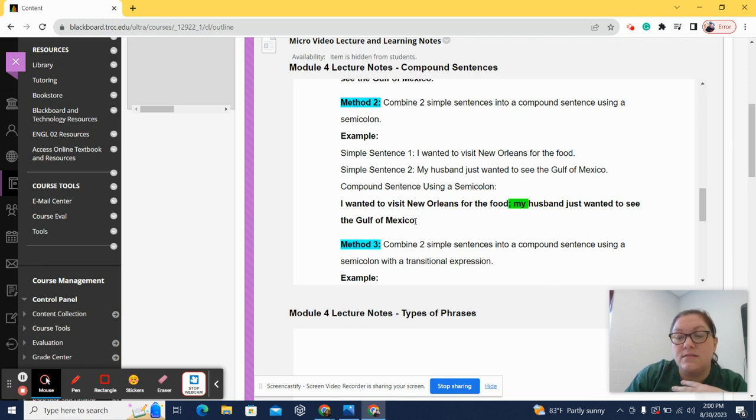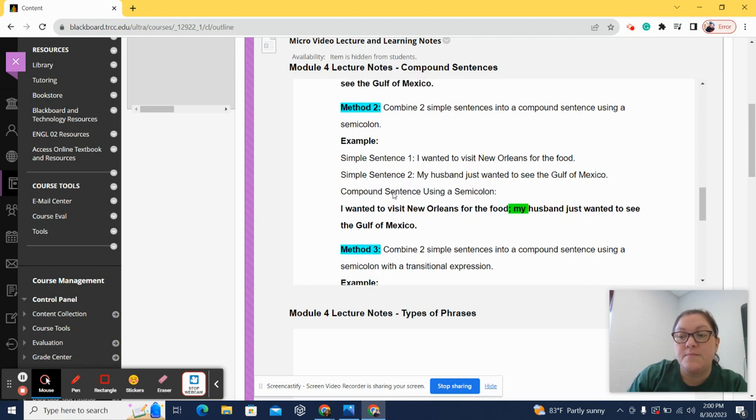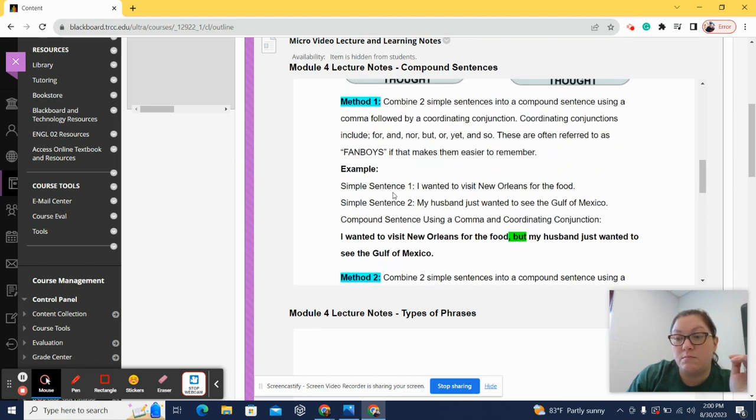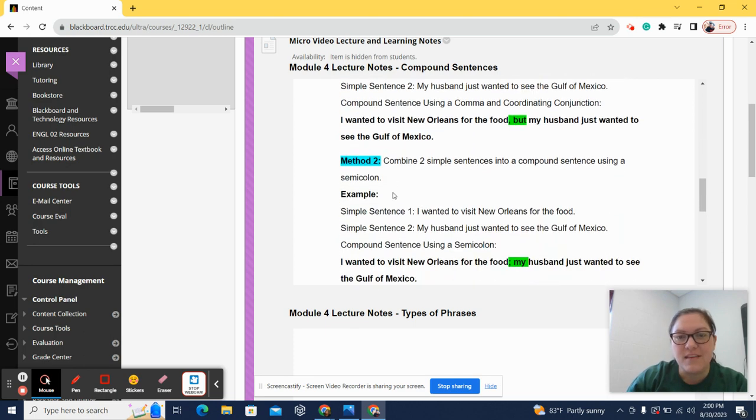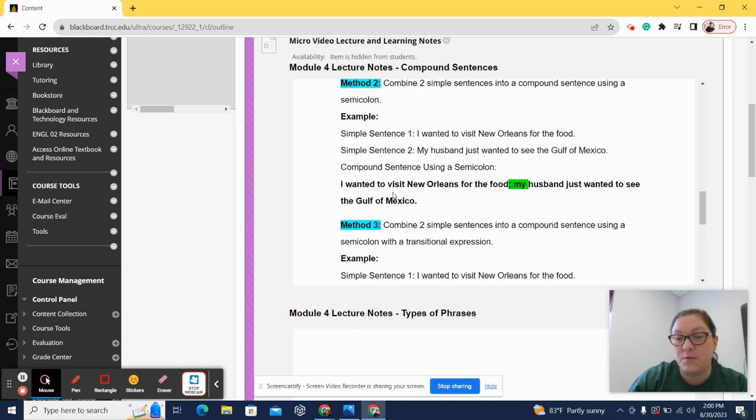In this method, you're really taking out the conjunction and using a semicolon instead of a comma. Again, this is appropriate and would be correct. But if you just want to stick with method number 1 for now, until you really have it down and you know that you're getting it correct in your writing and in your discussion post, I would do that. So when in doubt, do method number 1. But method number 2 also works.